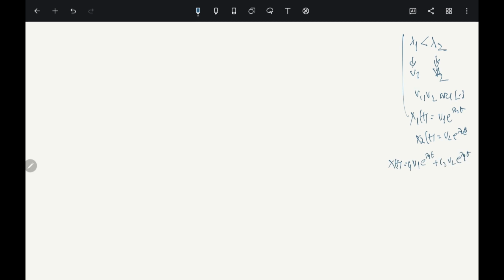Clear? Now, if lambda 1 and lambda 2 are both negative, what happens then? Let me do it properly.